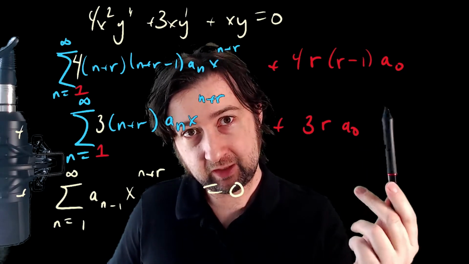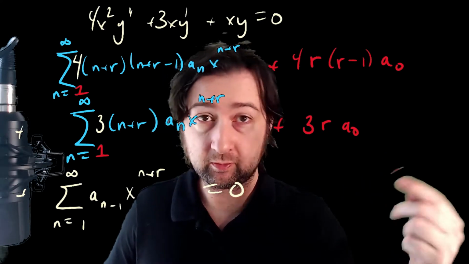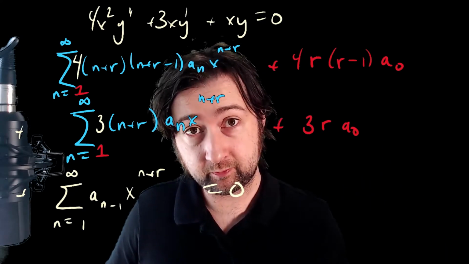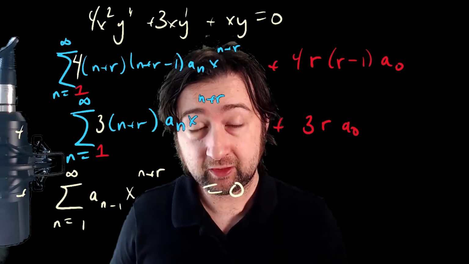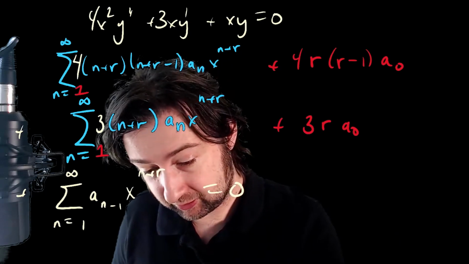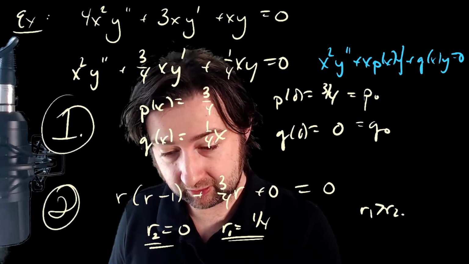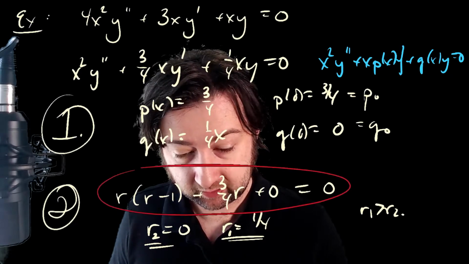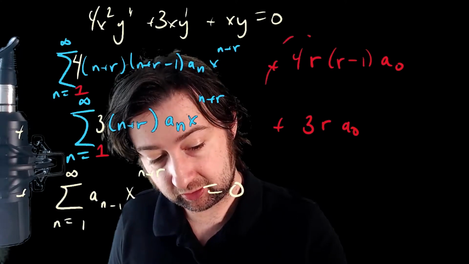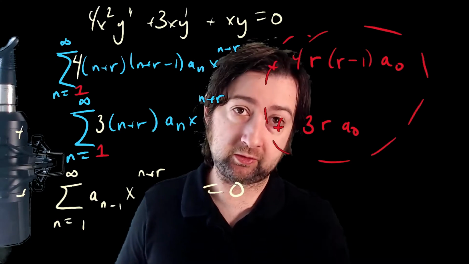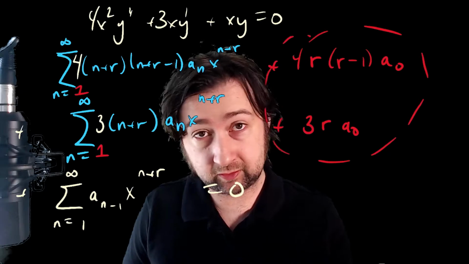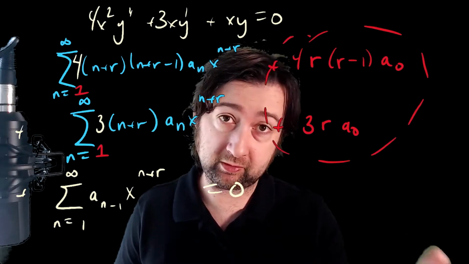Because if you take these two things and combine them because they're both the coefficients of the a naught term, and you set it equal to 0, you just get this equation back again. So this equation right here comes from the combination of these two terms being equal to 0. And we already know the answers to this. r1 and r2 are 1/4 and 0.